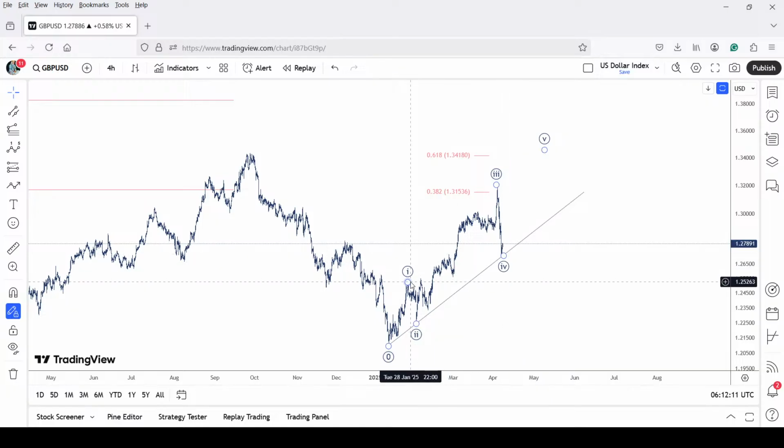So with the stop at 1.25 and long positions around 1.27, 1.28 right now, it could be taken all the way towards 1.34 going forward. All right, so it's about 250 points of risk versus 600 points of reward up there.